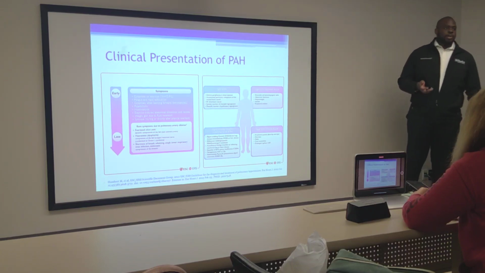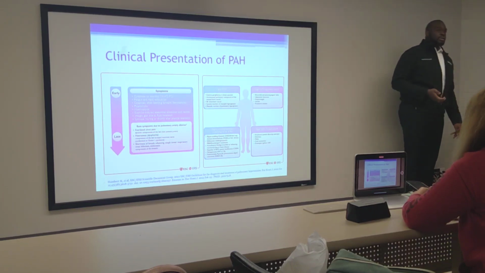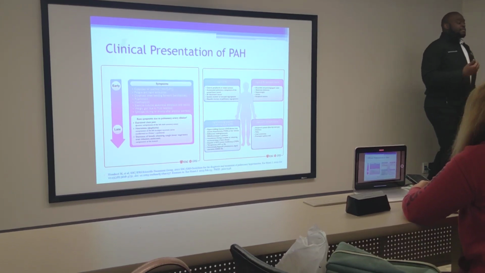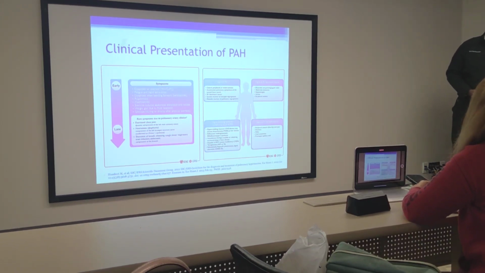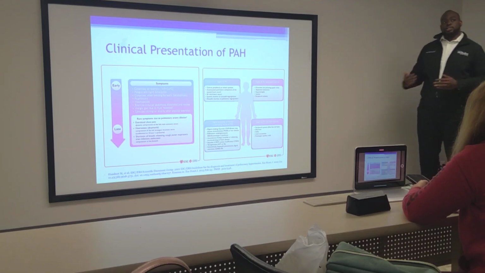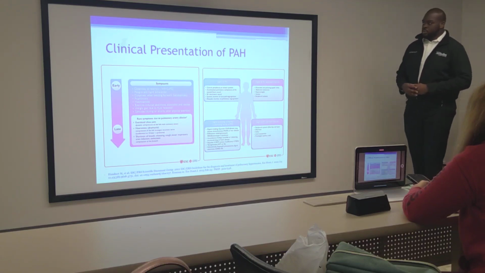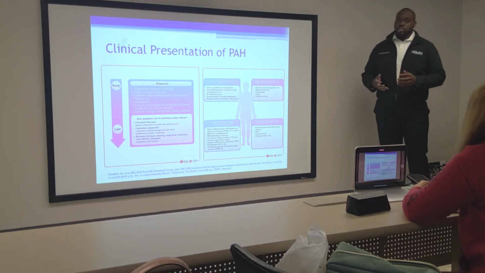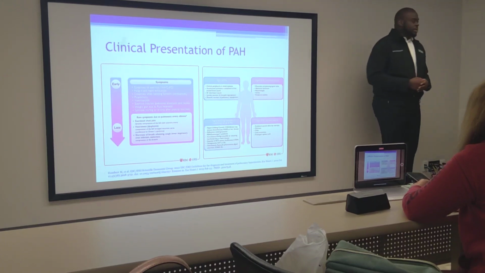Early symptoms, we'll start out seeing the dyspnea on exertion, as well as dyspnea when bending forward, which we call bendopnea. You'll see the fatigue and rapid exhaustion, which tends to happen with patients when they're doing ordinary physical activity, which we'll talk about when we start classifying PAH as well. Also the palpitations or heart racing.